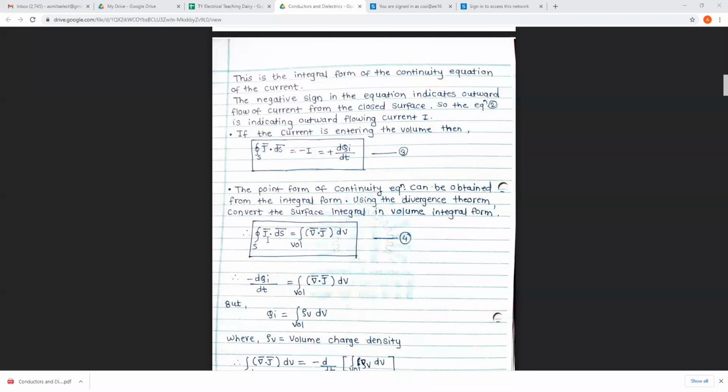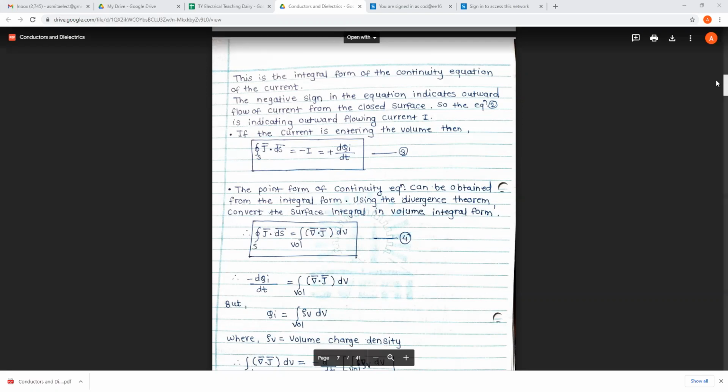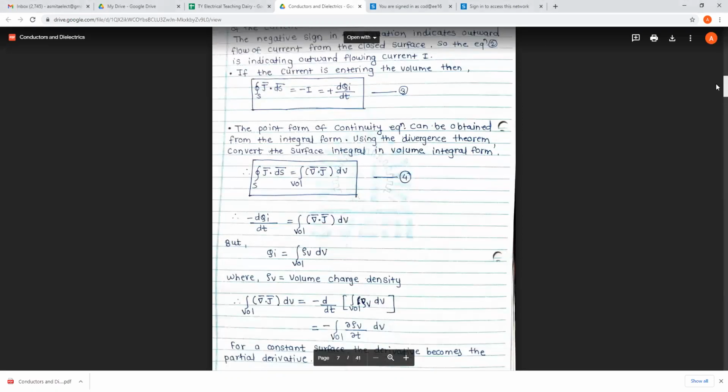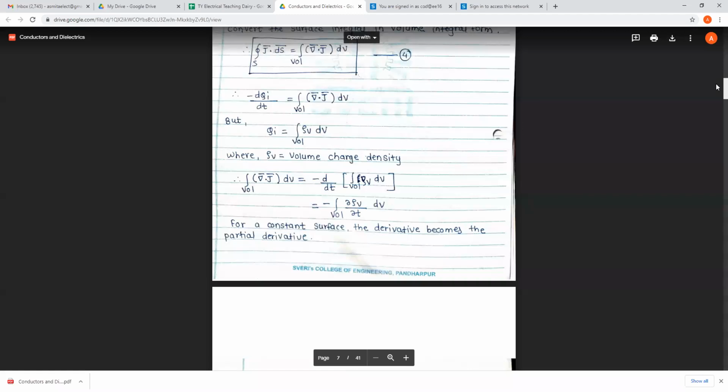So we get the closed surface integral of j bar dot ds bar equal to the volume integral of del dot j bar into dv. So we are writing the surface integral in the form of the divergence theorem.